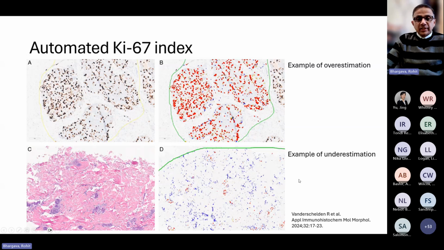So it increases the denominator, so it will be an underestimation of the Ki67 index. So sometimes you do have to pay attention, even with automated algorithms, whether it's doing its work correctly or not. And the hope is that these algorithms will improve and will be providing more consistent results.